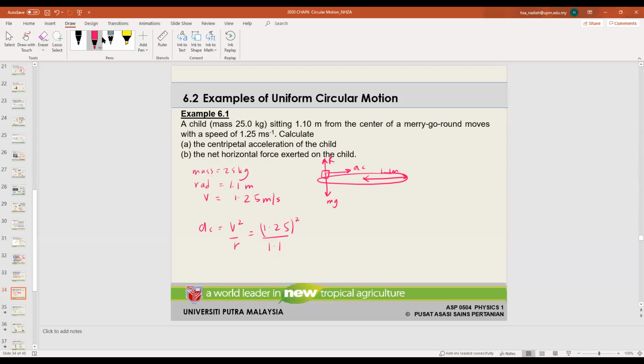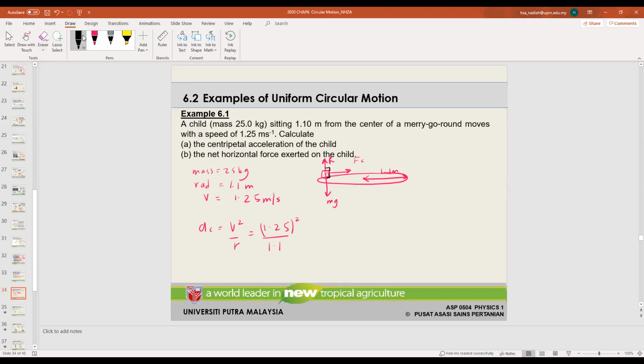Okay. The net horizontal force exerted on the child. So the only horizontal net force in my free body diagram is just Fc, right? R does not contribute to my Fc and my mg also does not contribute to my Fc. Why? Because it is 90 degrees to Fc.